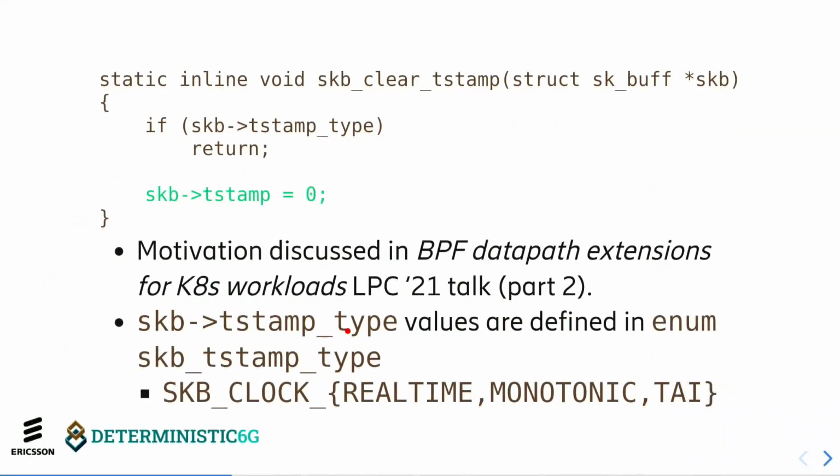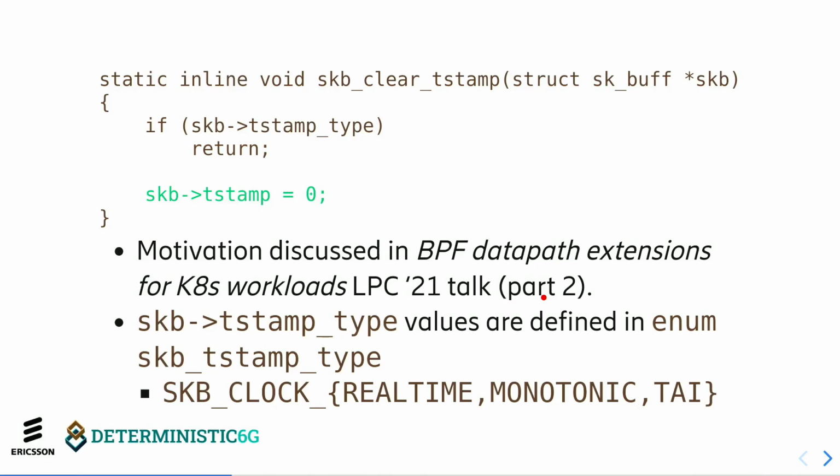Okay, so in this BPF datapath extension for Kubernetes workloads LPC talk, in part 2 the reason was presented why we cannot just remove the timestamp in every condition. There are cases when we need this timestamp.